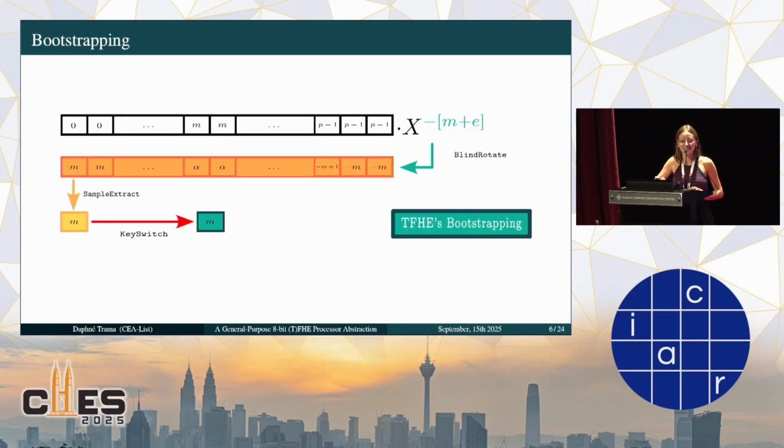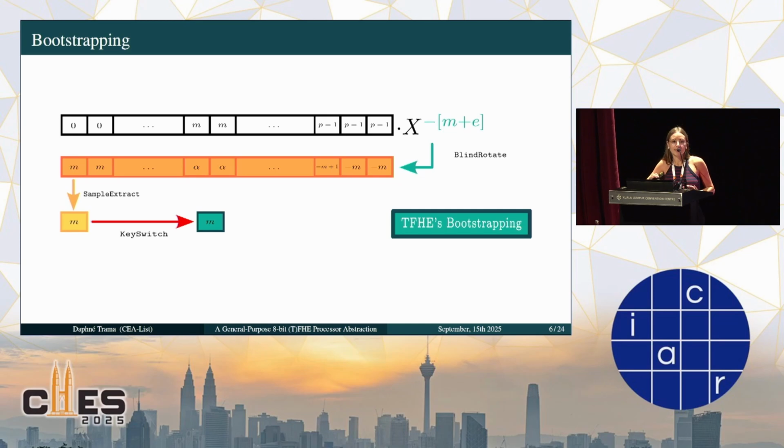Bootstrapping relies on 3 building blocks that I present here. The first one is blind rotate, which rotates a clear text polynomial by an encrypted input, that is to say our TLWE ciphertext, and it returns it as an encrypted polynomial, and that's why it's in orange here.